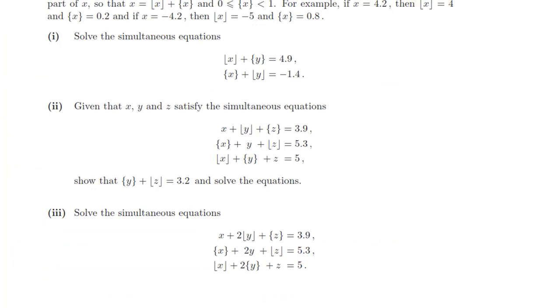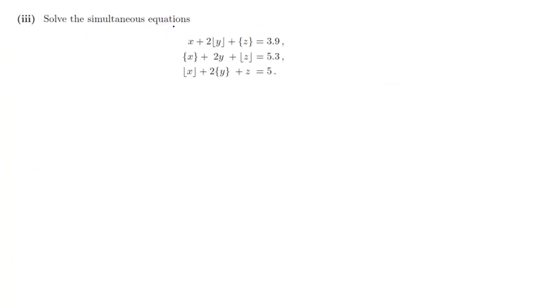Now let's solve part 3. It's to solve the simultaneous equations. Again, we use the same thing for x, y, z. Each of them we write as integer part plus fractional part. So the first one will be integer part of x plus 2 times integer part of y plus fractional part of x plus fractional part of z equal to 3.9.